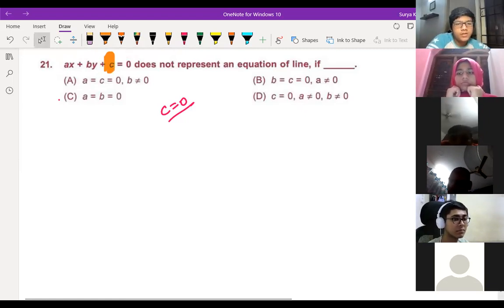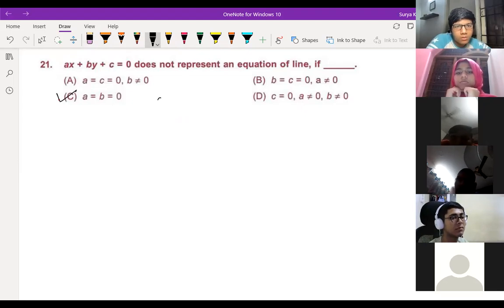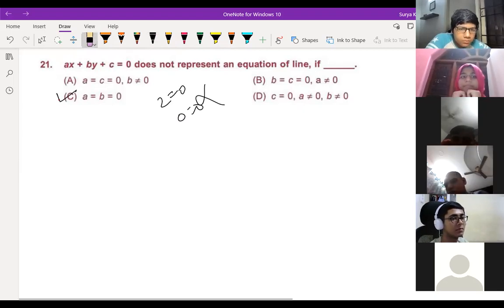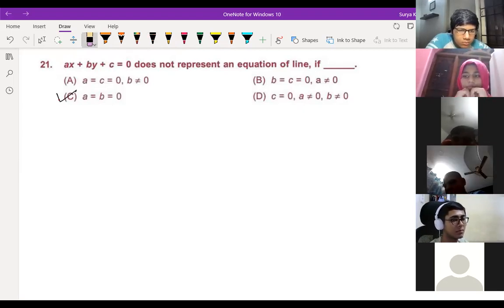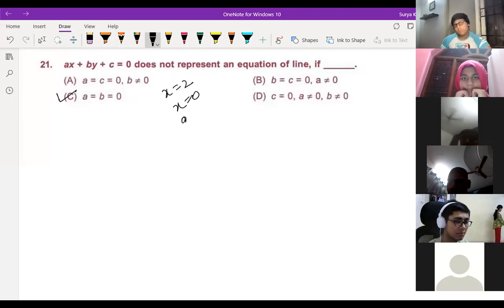The general form: a not equal to 0, b not equal to 0. When c is any value, it is a line only. People may confuse c is equal to 0. Actually x is equal to 2 may be a line, x is equal to 0 is also a line, you can say.